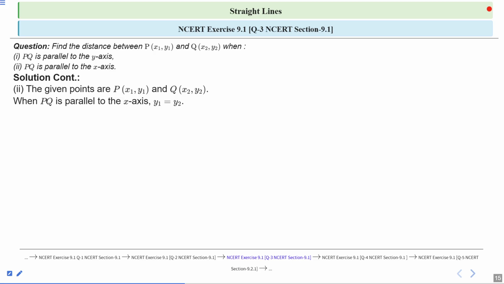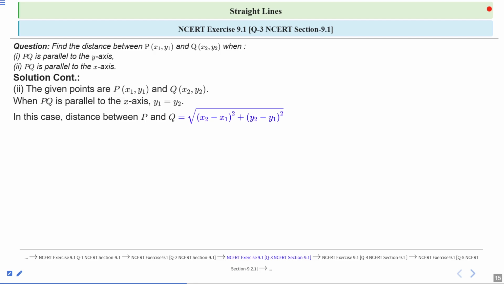That means y1 equals y2. In this case, the distance between P and Q is equal to the square root of (x2 minus x1) whole square plus (y2 minus y1) whole square. And since PQ is parallel to the x-axis, that is y1 equals y2, the second term (y2 minus y1) whole square will be 0.